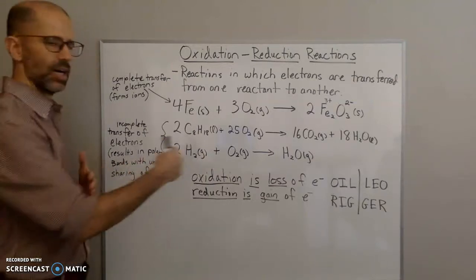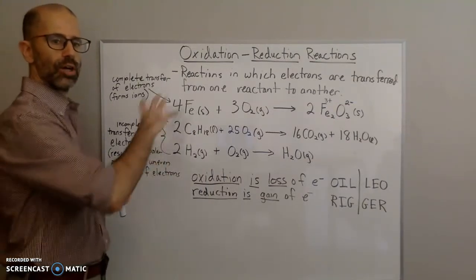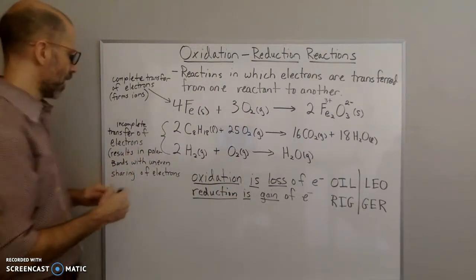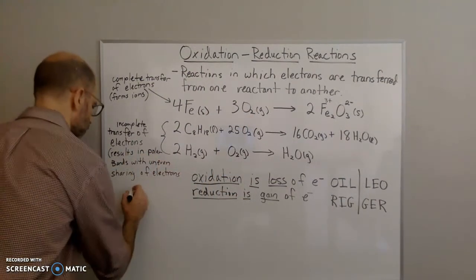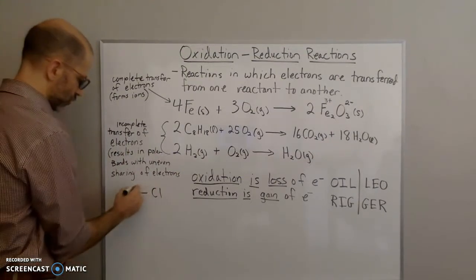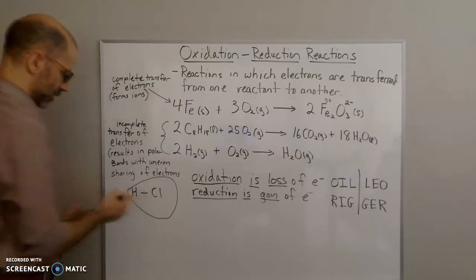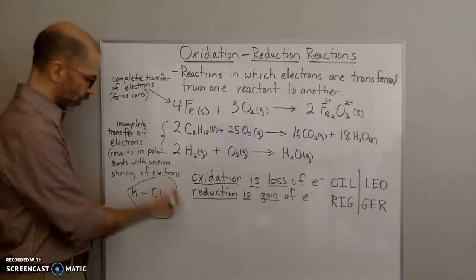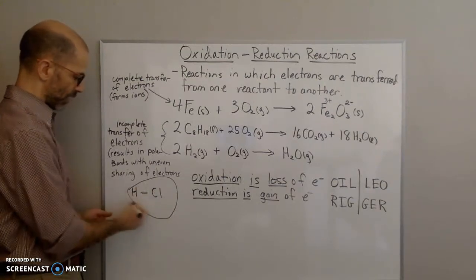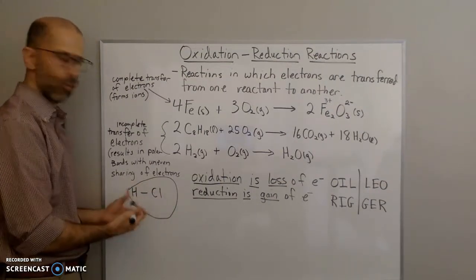Because of that difference in the sharing of electrons, one side is going to have a higher electron density than the other side in the bond. For example, if you form a hydrogen chloride bond, and I was to draw the electron density like this, more of the electron density would be around the chlorine than around the hydrogen, because chlorine likes to have the electrons more.